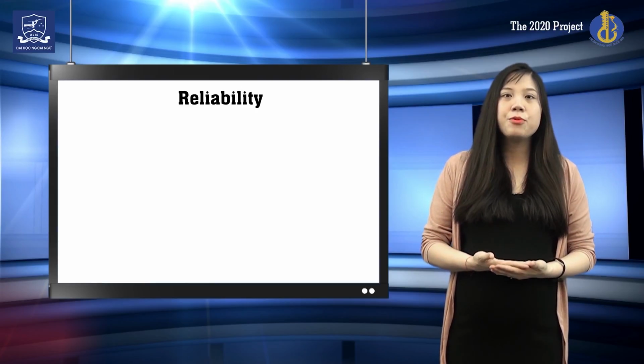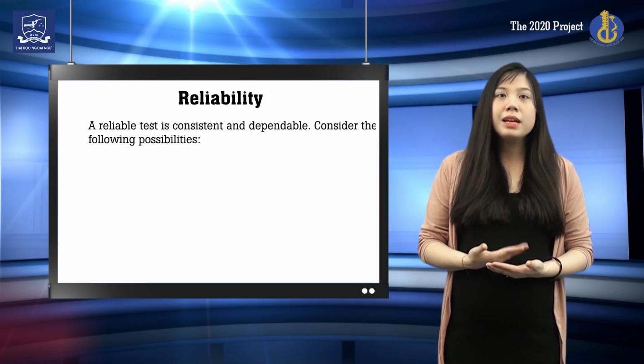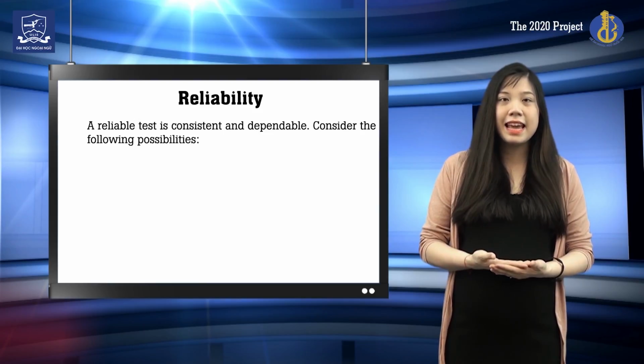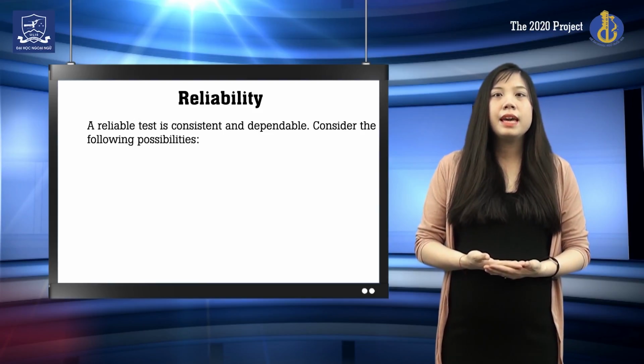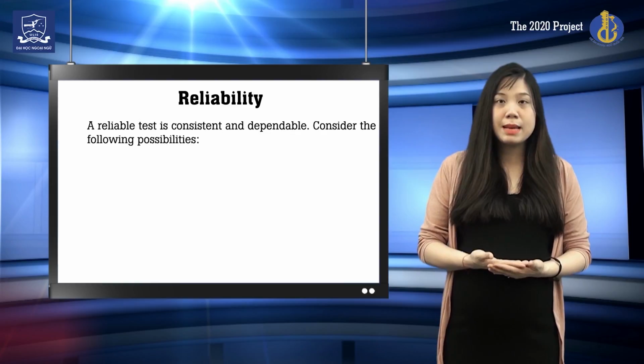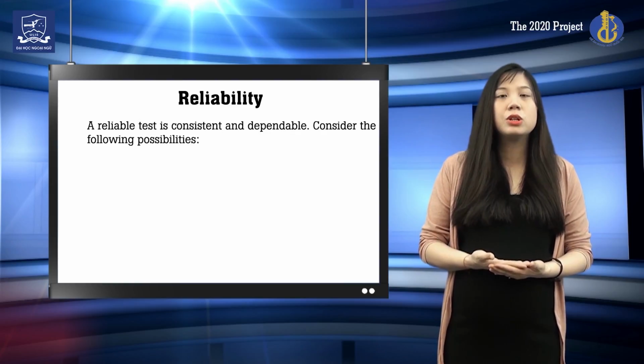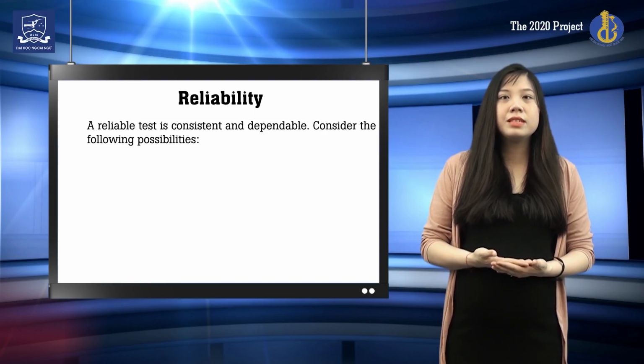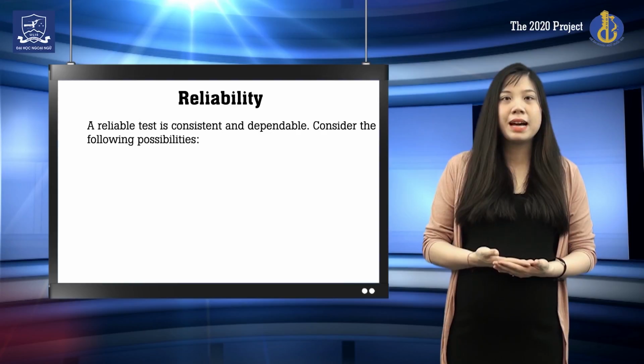Secondly, speaking of reliability, a reliable test is consistent and dependable. If you give the same test to the same student or matched students on 2 different occasions, the test should yield similar results. We might characterize the principle of reliability in the following way.